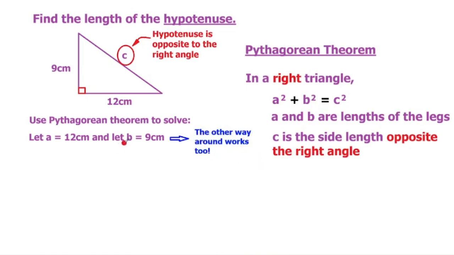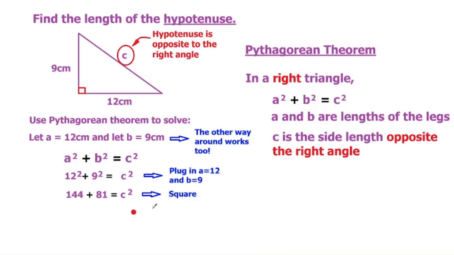So you could let B equal 12 and A equal 9. It doesn't really matter for these two, okay? So now we use our equation and we'll plug in the numbers. So we said A is 12, so 12 squared plus B, which is 9 squared, equals C squared.